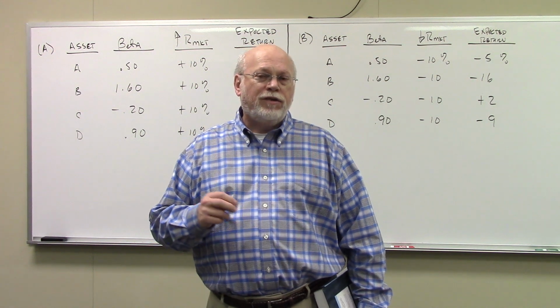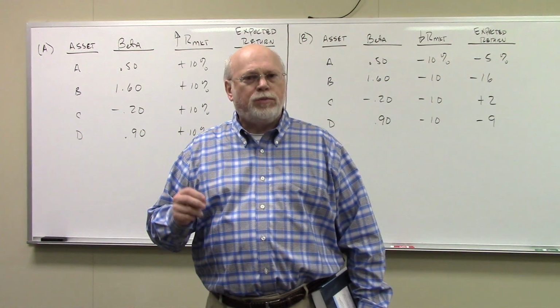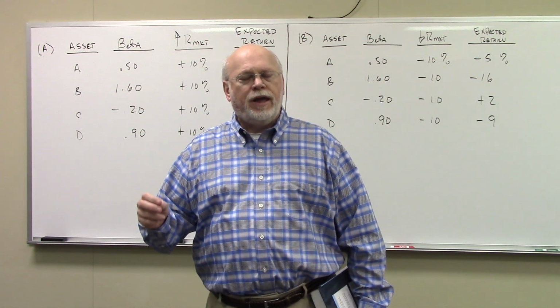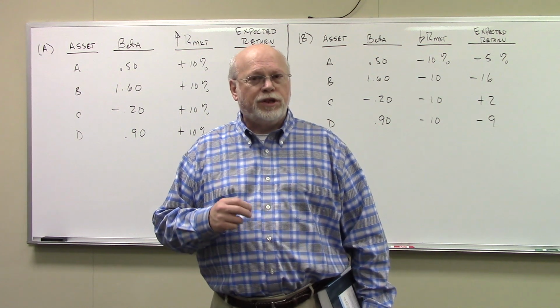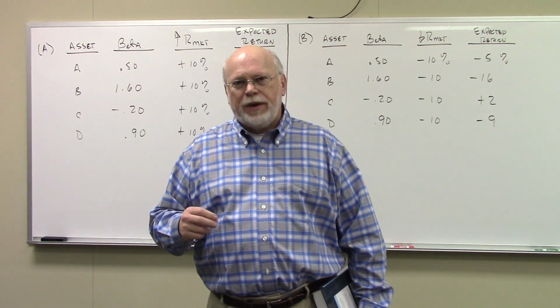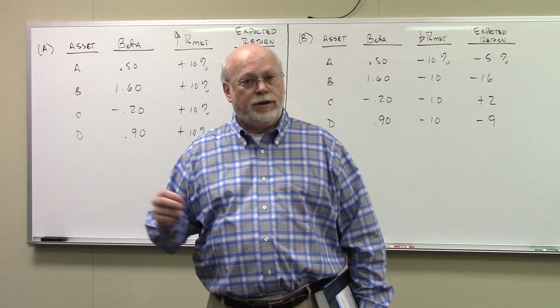Nonetheless, a beta of 1 for an asset would mean that you're taking on 100% of the risk of the market. As an investor, if I take on 100% of the risk of the market, then what I expect as a return is 100% of the market return.